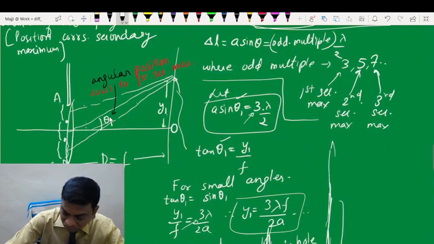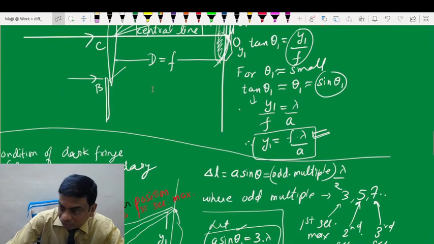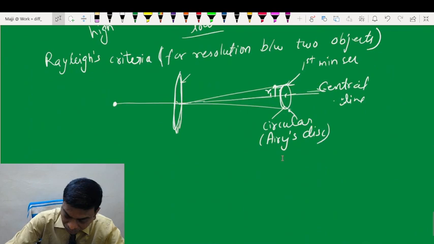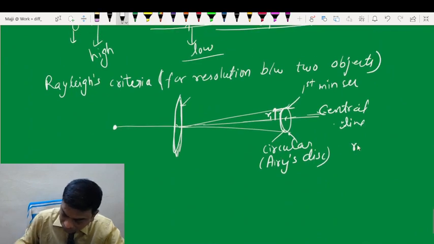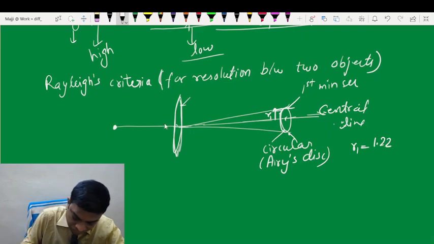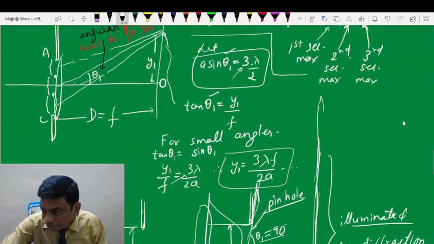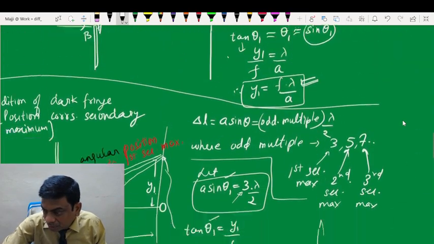So let us pick the formula from there. I'll be picking the formula for y1 as f lambda by a. So you have to use an additional factor of 1.22, because of the circular nature of the lens: 1.22 f lambda by a.